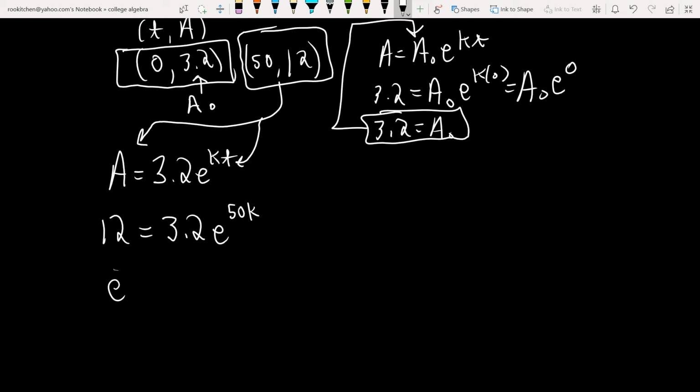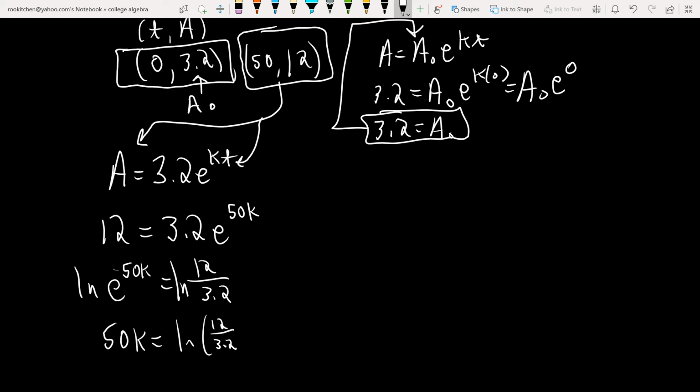We'll isolate the exponential term, so I'll have 12 all over 3.2, and then you could take the logs on both sides. I use the natural log. On the left side, the ln and the e cancel each other and you just have 50k. On the right side, you'll have ln of 12 all over 3.2. And then you just divide to solve for k.